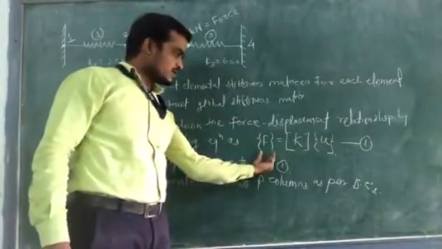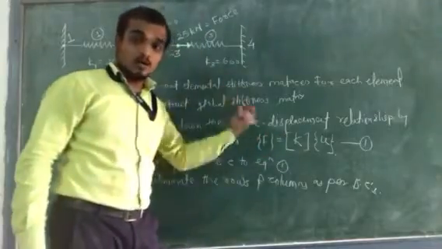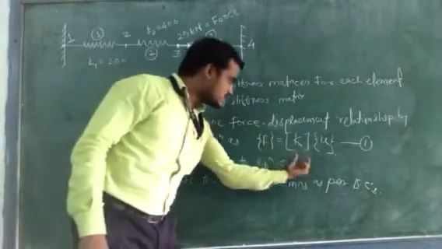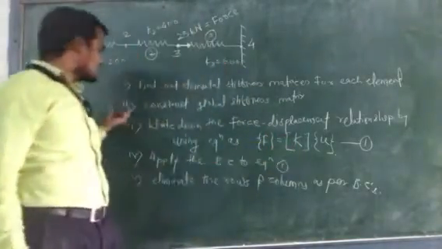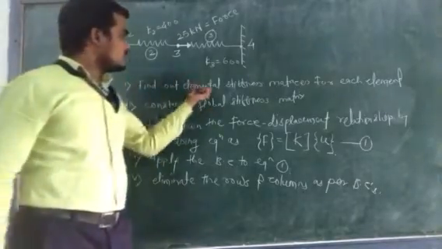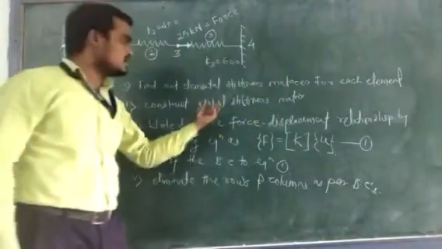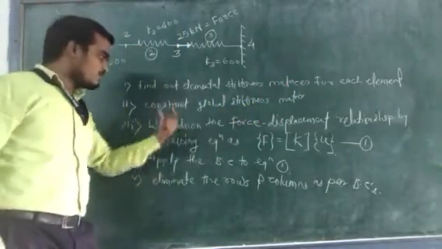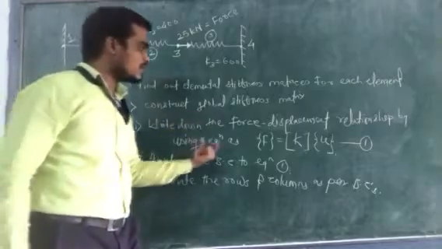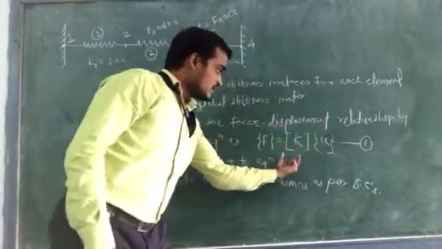Here in this equation, F is your force vector and K is your global stiffness matrix, which we will get in the second step. To get the second step, you need to consider your elemental stiffness matrices, which means you need to find the elemental stiffness matrices. Then you will get the global stiffness matrix, and finally by using it you can correlate the force and displacement equation.